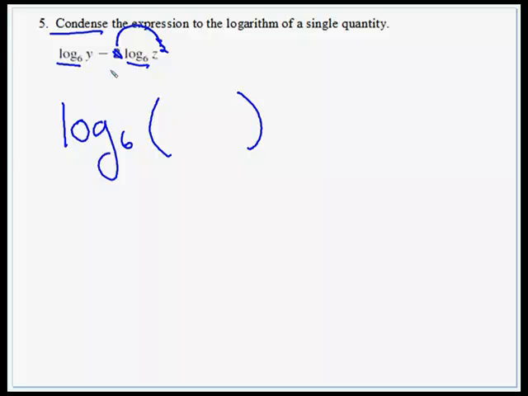But now we're going to condense what we were logging here, y and z squared. And when this is a subtraction, a difference of logs, it becomes a quotient. Our numerator is the first quantity. Our denominator is the second quantity. Y over z squared. Log base 6 of y over z squared.